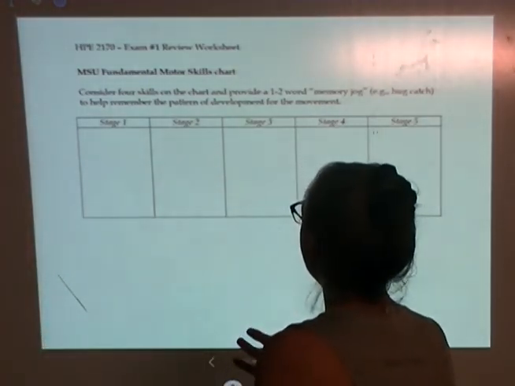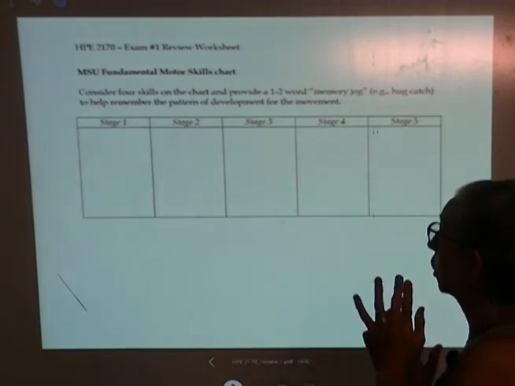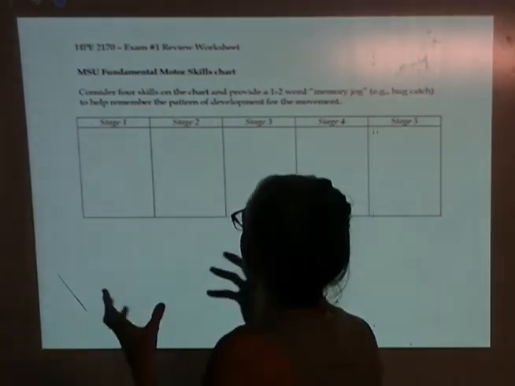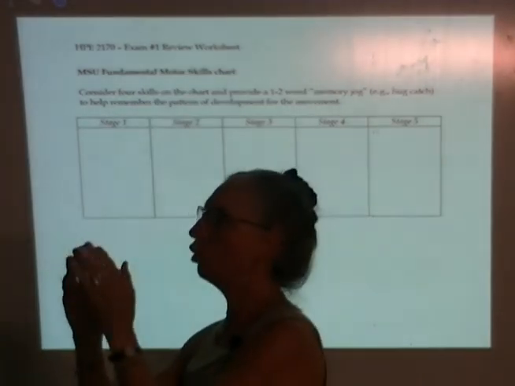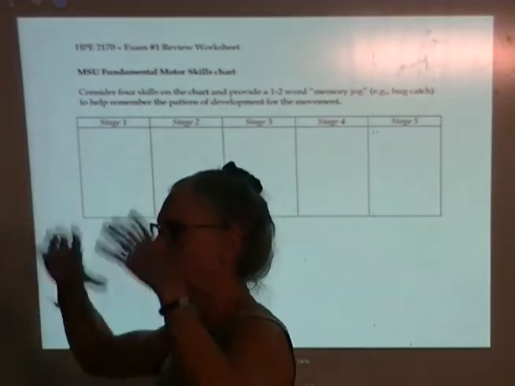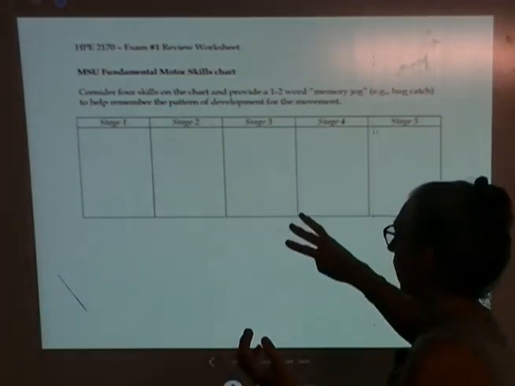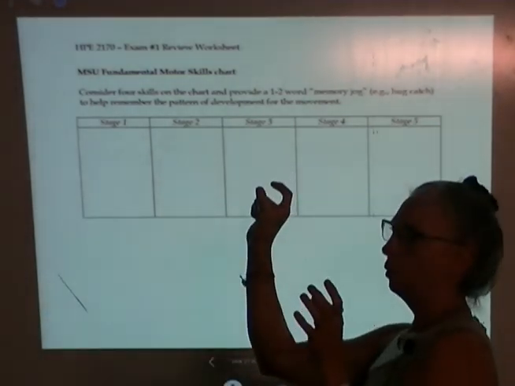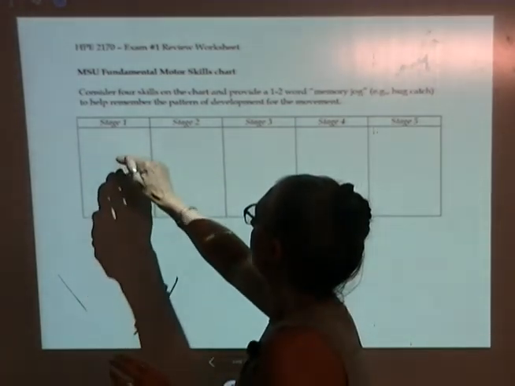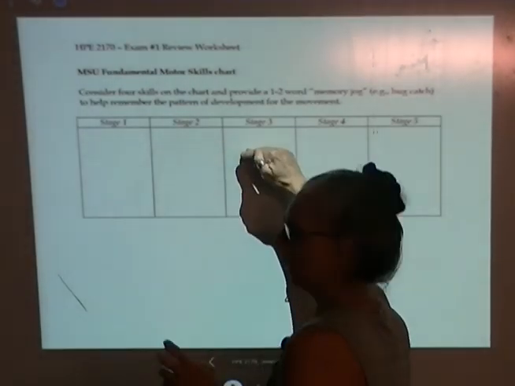You want to pick 4 skills on the MSU chart. Remember I said when you look at that chart, it looks a little bit overwhelming because there's all these characteristics for every stage, for every skill. Pick 4 of the skills and try to find 1 or 2 words that would help you identify stage 1, stage 2, stage 3.